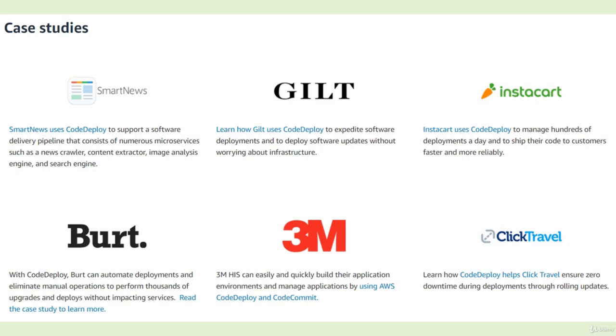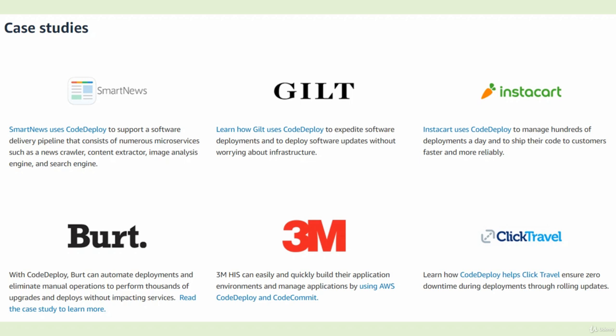There are various startups and corporations out there being benefited by using this service, CodeDeploy. The examples are SmartNews, Guild, Instacart, Bird, 3M, and Click Travel. SmartNews uses CodeDeploy to support a software delivery pipeline that consists of numerous microservices such as news crawler, content extractor, image analyzer engine, and search engine. 3M can easily and quickly build their application environments and manage applications with CodeDeploy and CodeCommit.